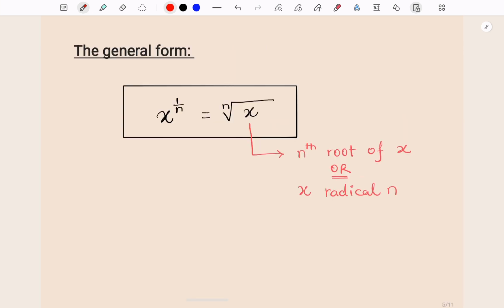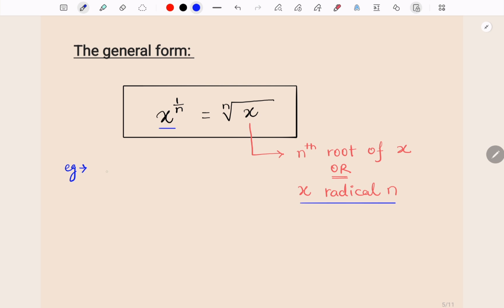So now we can arrive at a general form. Look carefully. We have x raised to the power 1 over n, and I have written it as the nth root of x, or x radical n. So let's take a few examples.